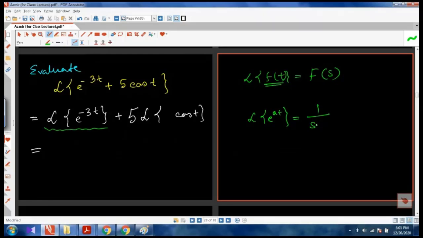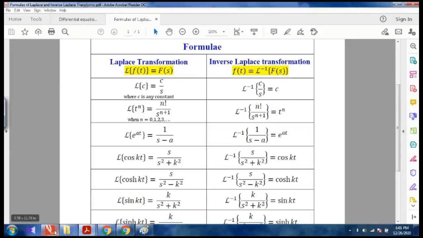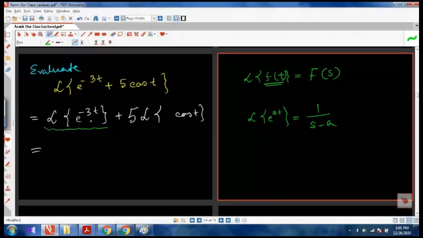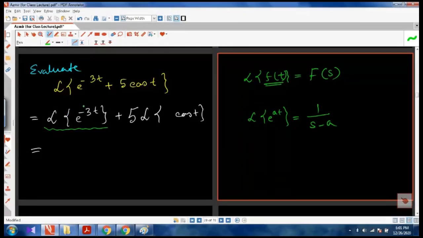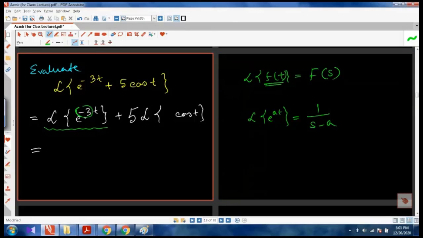That is actually 1 over s minus a. So what is the value of a here? a is -3. So the result will be 1 over s minus a. Be careful about the sign change. Okay.